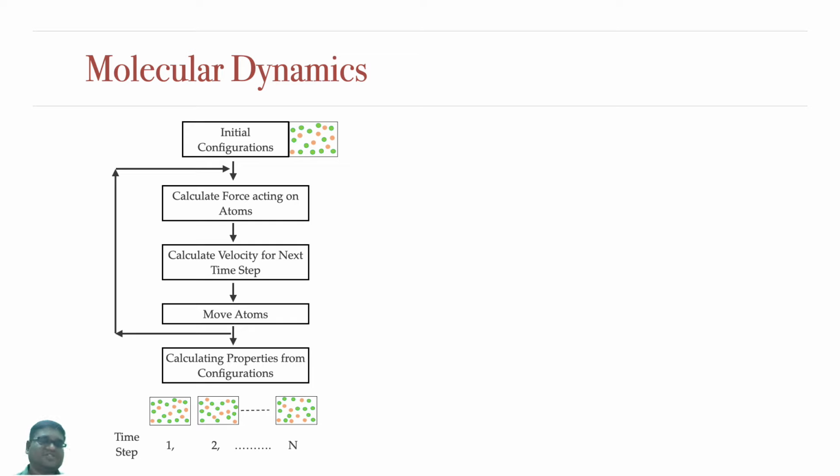So this is how molecular dynamics works. We start with the initial configuration, and based on the force field we calculate the force acting on the atoms and collect all the configurations. This is how the molecular dynamics algorithm works for all atomic and molecular systems so far.